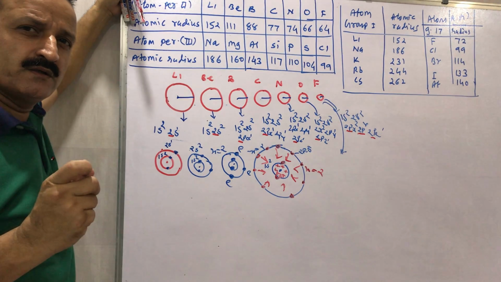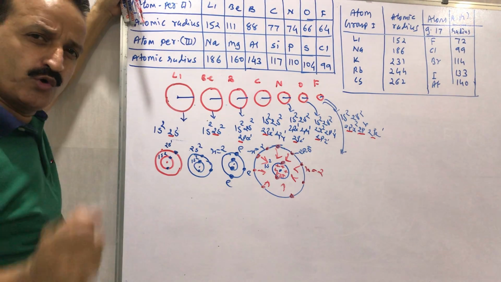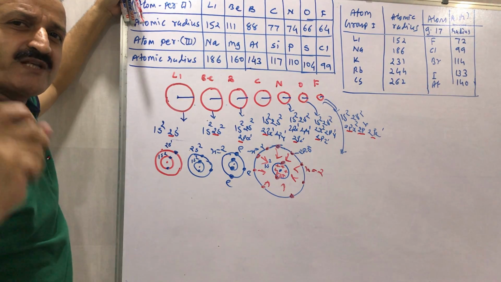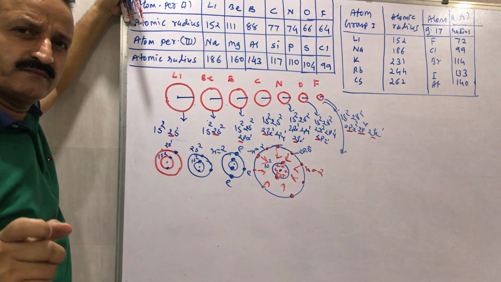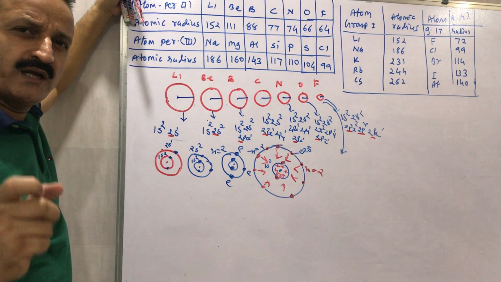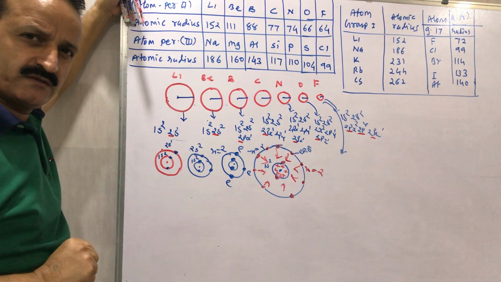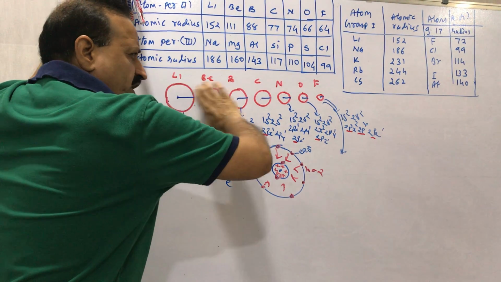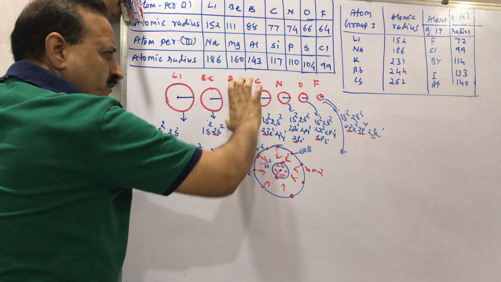As we go down the group, size will increase. If size increases, then radius will increase. So this is the sequence I have drawn.